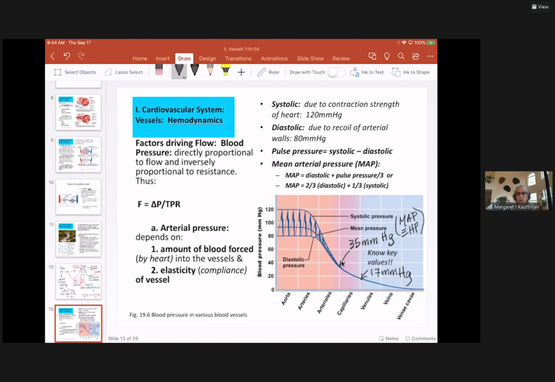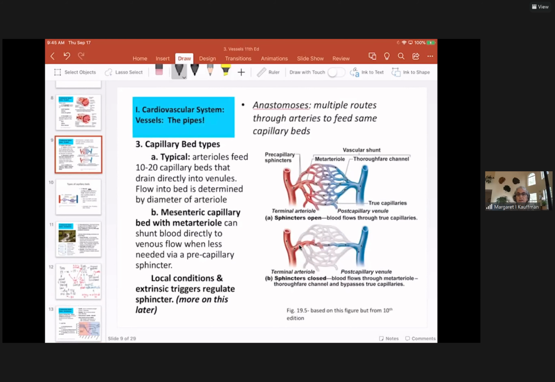Now, before we go there, on the last question from last time in group F, we have group E, and group E is going to determine whether blood even goes through this capillary bed. The way it would avoid that capillary bed, I'm reminding you, is that there are these things called metarterioles.